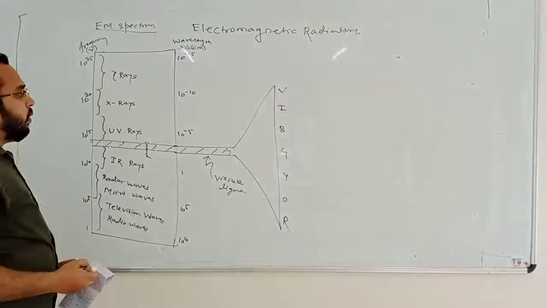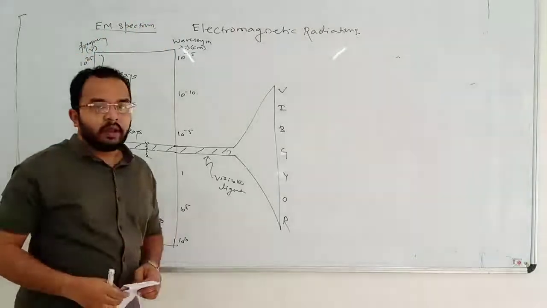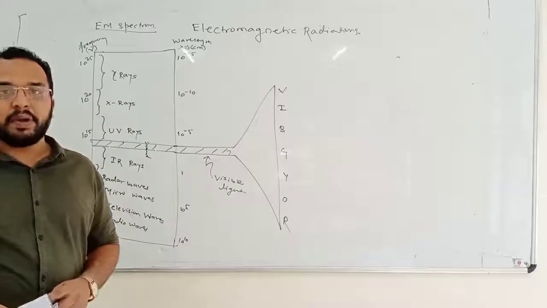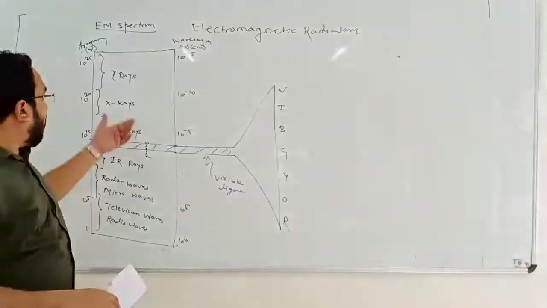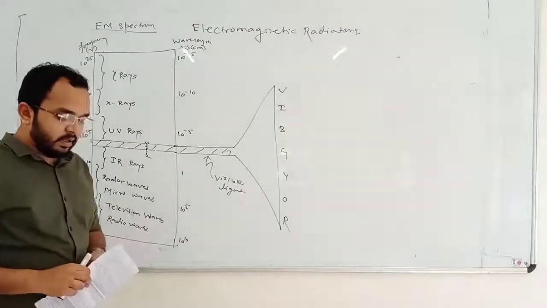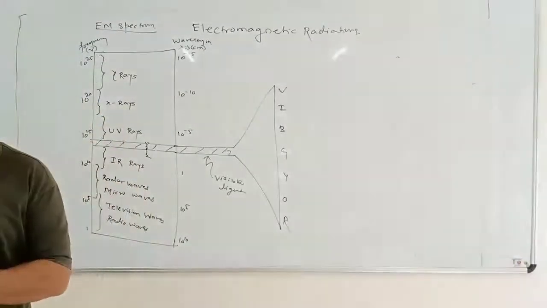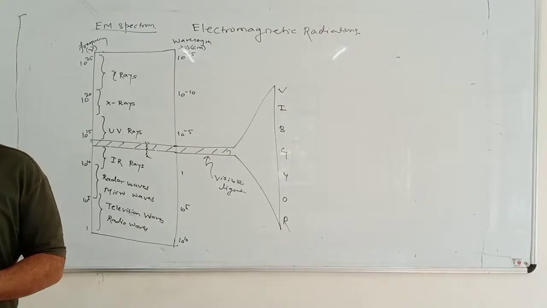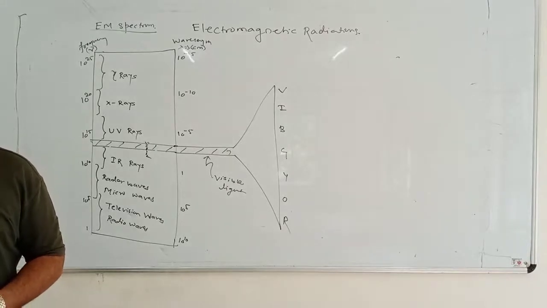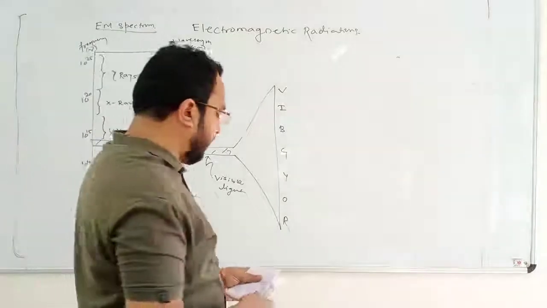Okay. Now, after drawing this, we will discuss all the properties and uses of all these rays, and this is what our chapter is. Okay. We will see one by one. First of all, we will start with radio waves.